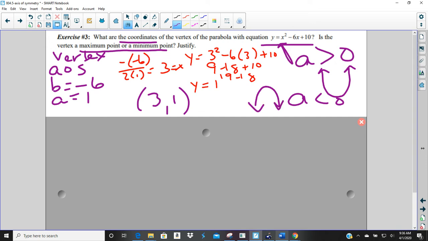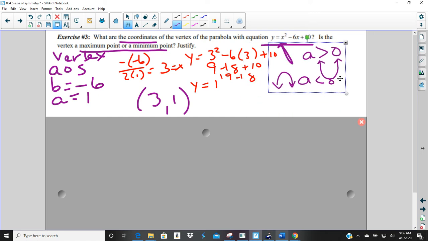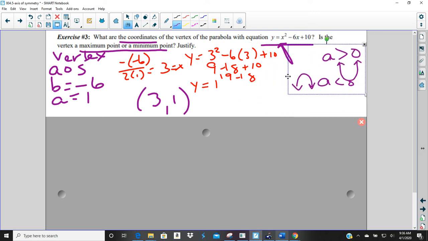So easy enough. Let me make these smaller so I can get some room in here. So if the lead coefficient, A term, is positive, it's going to be a minimum. So I'm going to write down here, because it is positive, that it is a minimum because A is positive. Okay?